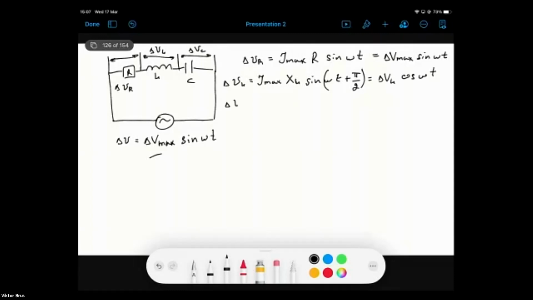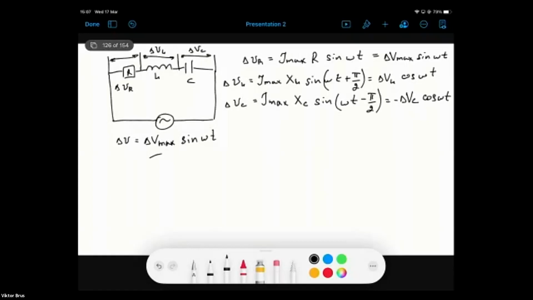Then delta VC is equal to I maximum XC sinus omega t minus pi over 2. And this is equal to minus delta VC cosinus omega t. So we have expressions for all components, like voltage drops over all components of the electric circuit.